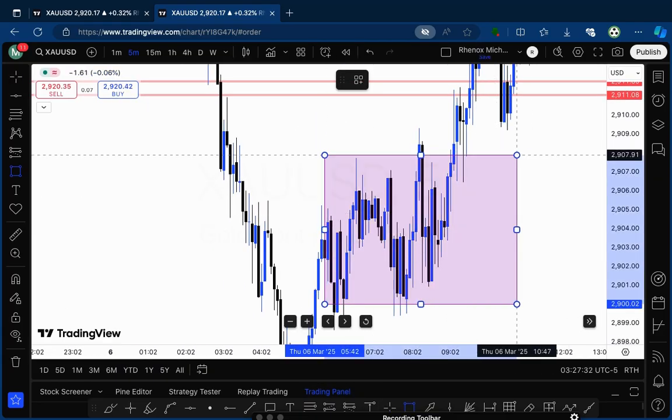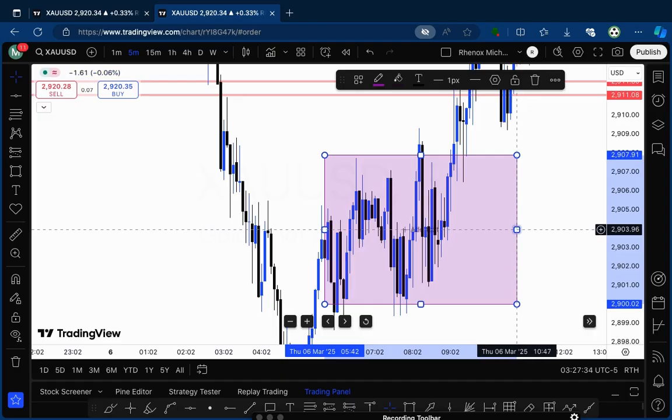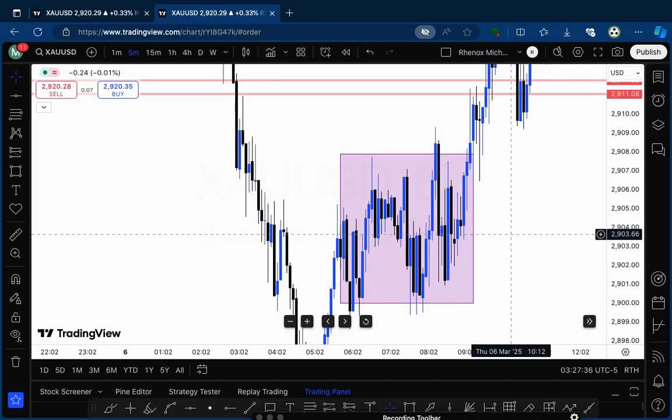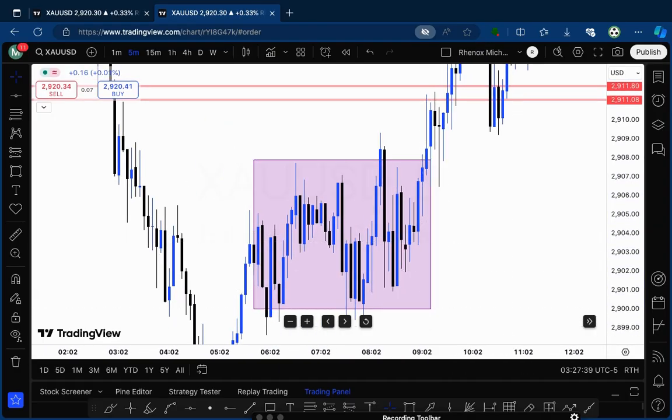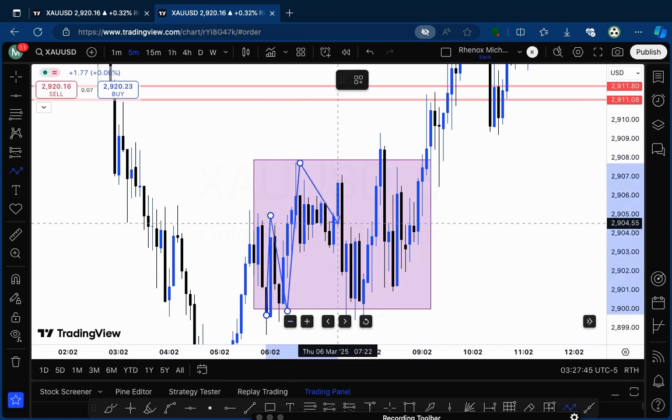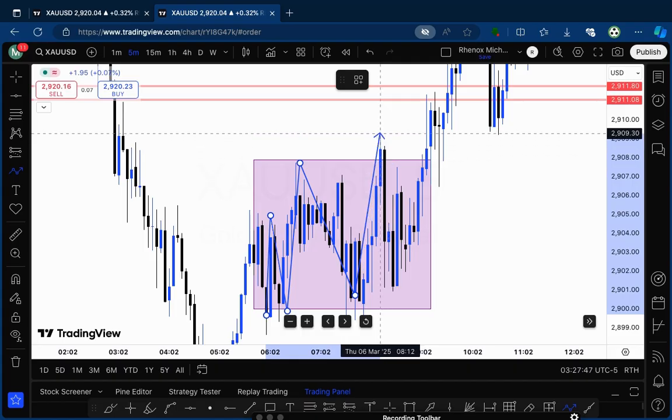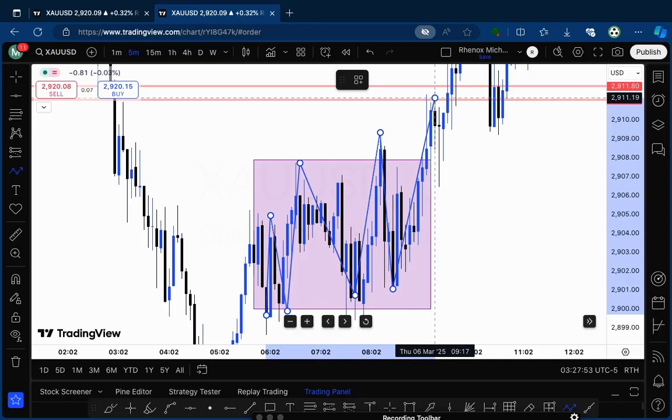Price keeps dancing up and down inside this box. Now, before price broke out of that level, you see price went up, down, gave us a break of structure, came back down, retested, and then gave us a final break before we had a continuation to the upside.